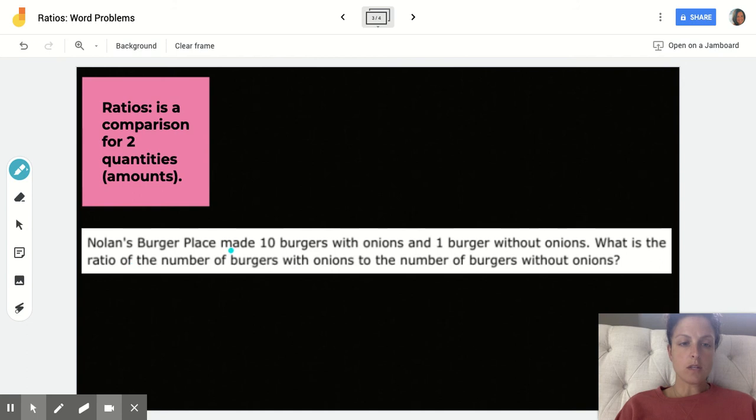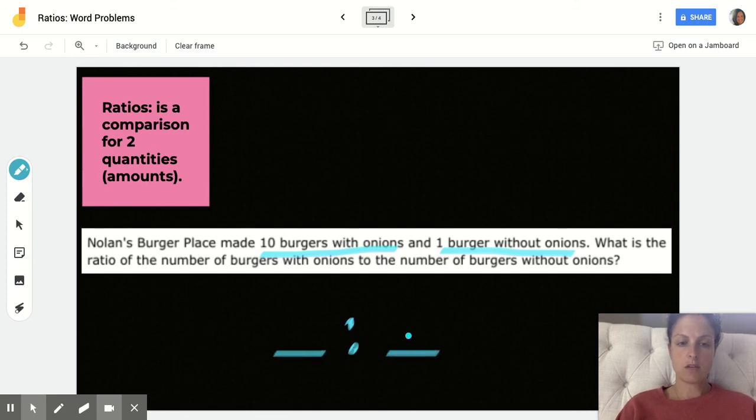So it says Nolan's Burger Place made 10 burgers with onions and 1 burger without onions. What is the ratio of the number of burgers with onions to the number of burgers without onions? So there's my colon.